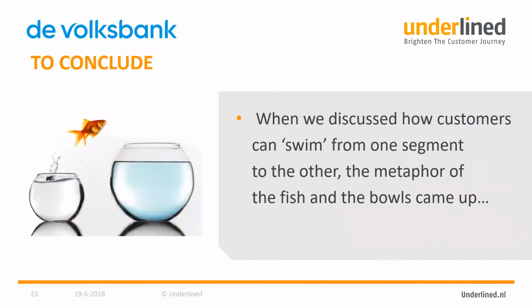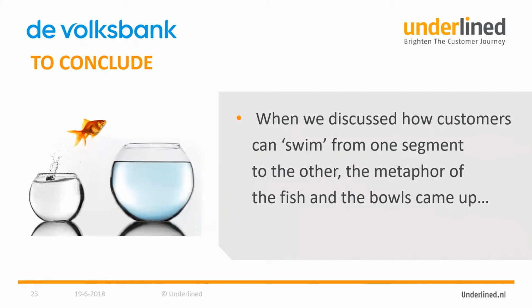At last, there was also another discussion we had. We had the buckets, but we also get customers who switch buckets. We had some discussion about it, and they said, we want to give insights. We want to visualize how the customers go through those buckets and jump from one bucket to the other. And then somebody said it looks like the picture of the fish who jumps through the bowls.